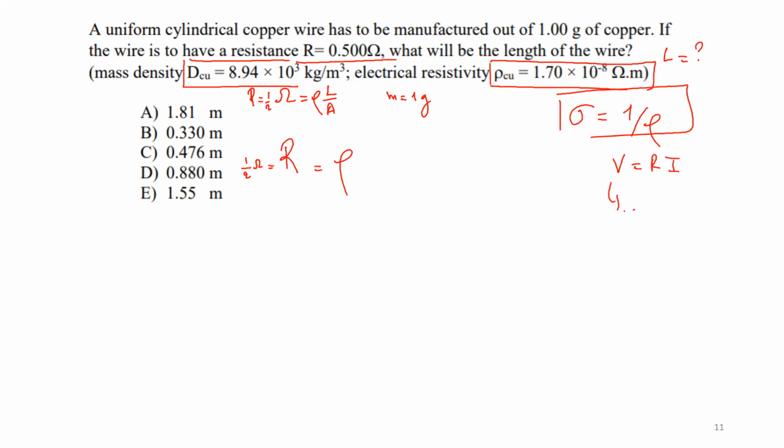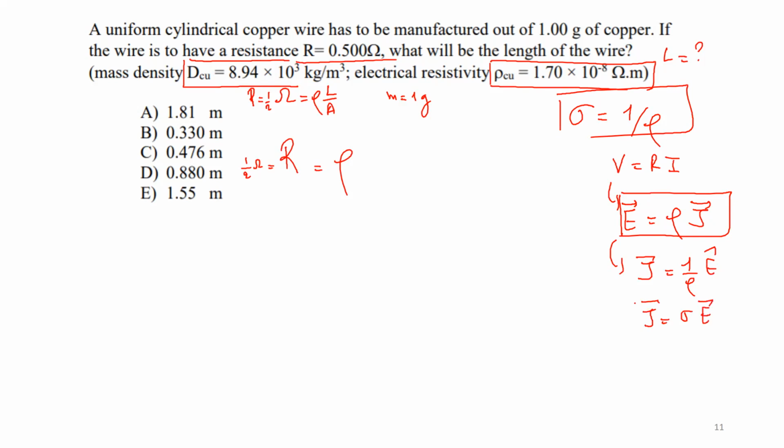I can also write it as E is rho J. Here I can put vectors if I want, because electric field is a vector, J is a vector, and they are pointing in the same direction, as the coefficient between them is rho. So this can give me J is 1 over rho E. So basically J is just sigma E. And this is also Ohm's law.